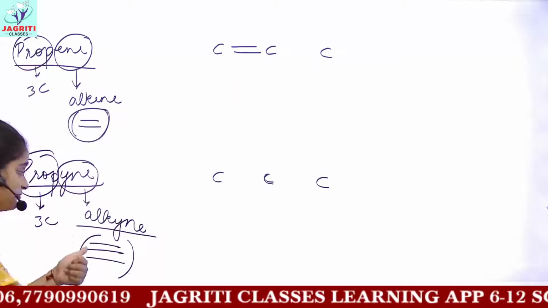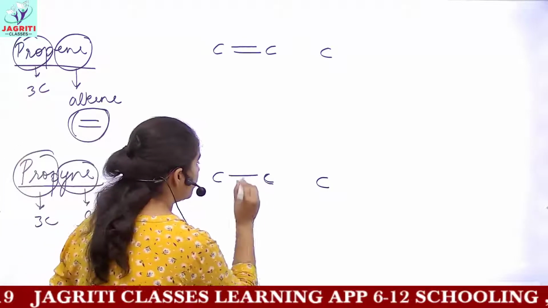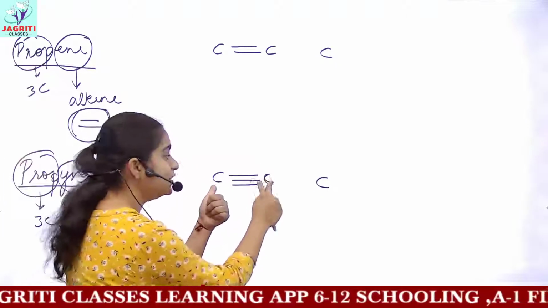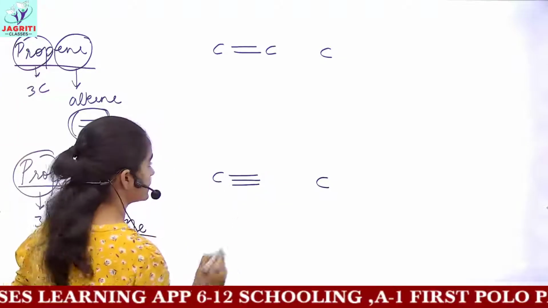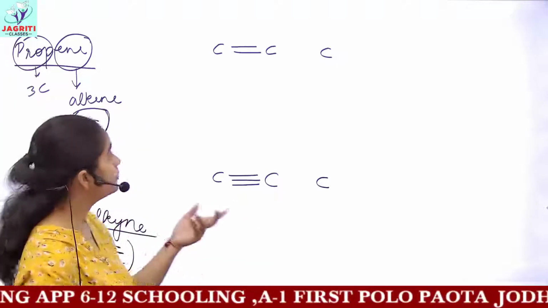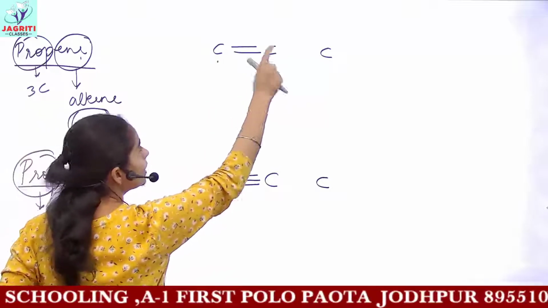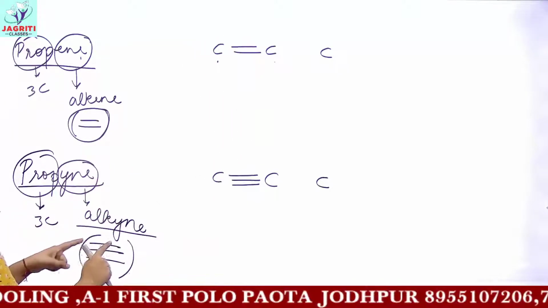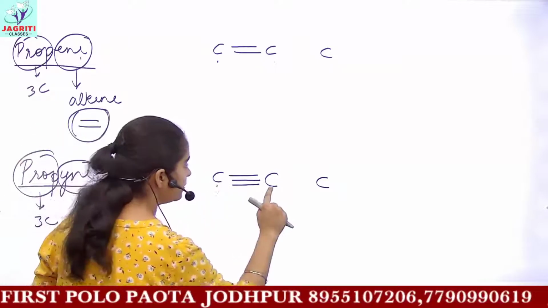And if you have a triple bond, then the rule is also the same. Put this triple bond between your first and second carbon. So this is what the rule says. I think this step was easy. If you have ene here, put a double bond between first and second carbon. If you have yne, which means triple bond, put a triple bond between your first carbon and the second carbon.